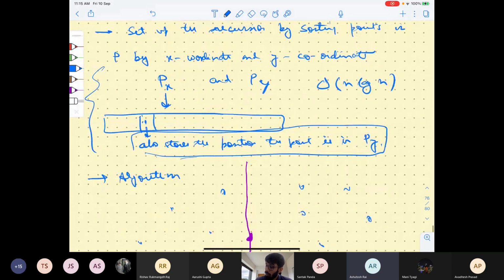Why? Because the algorithm will always assume that whatever set of points it is given, it is sorted according to x coordinates and y coordinates. There are two lists given.